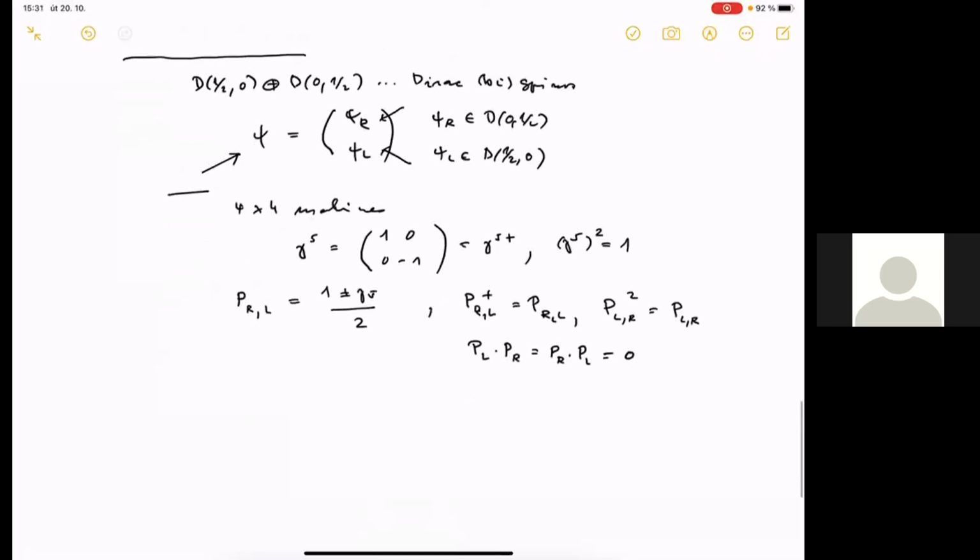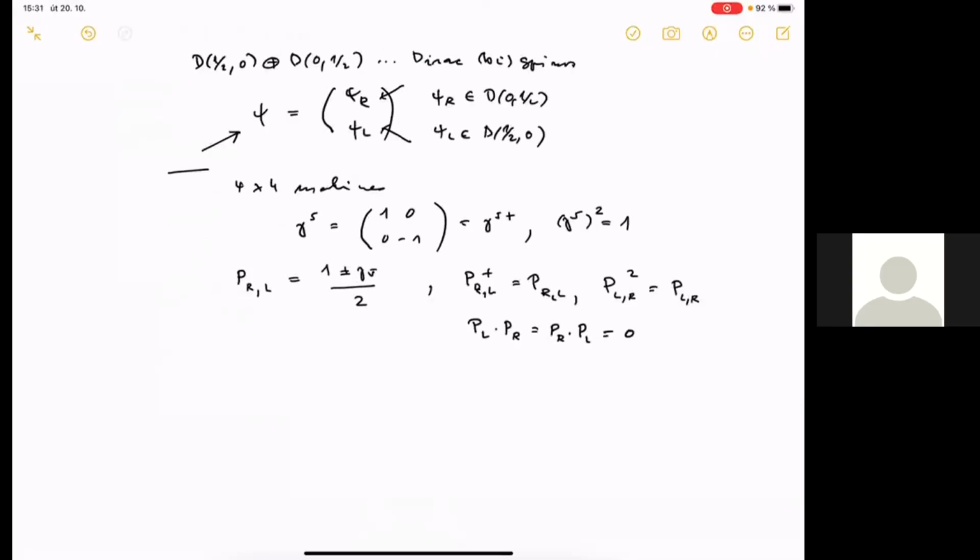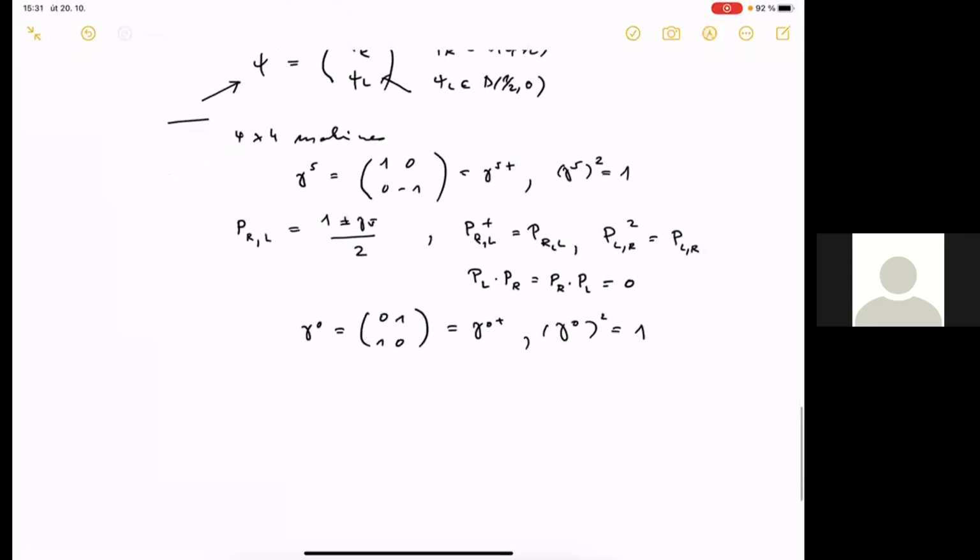Another matrix which will be interesting for us is called the gamma 0 matrix. And this is defined again in 2x2 blocks as such a 4x4 matrix. Again, this matrix is Hermitian and its square is just the unit matrix.